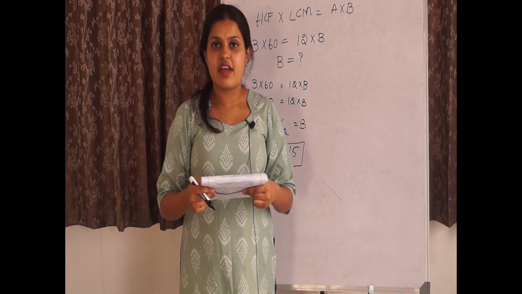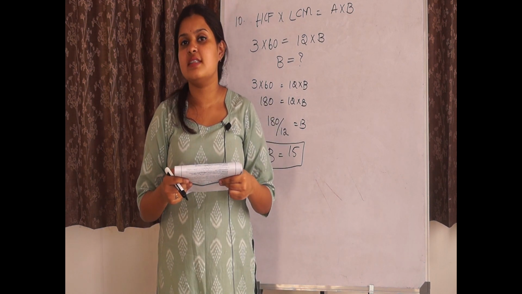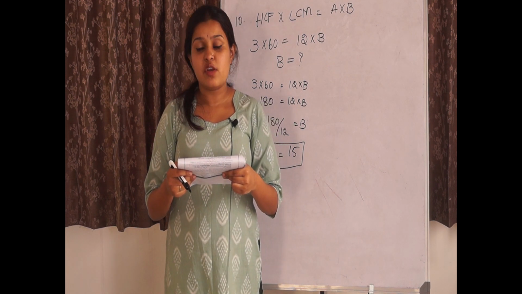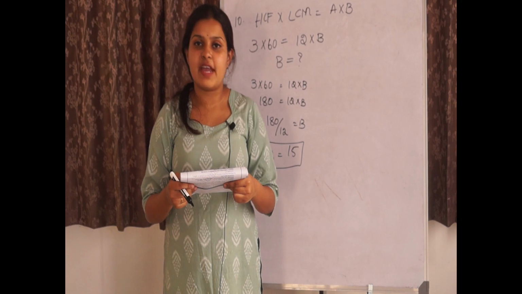The HCF and LCM of two numbers are 3 and 60 respectively. If one of the numbers is 12, then find the other number.